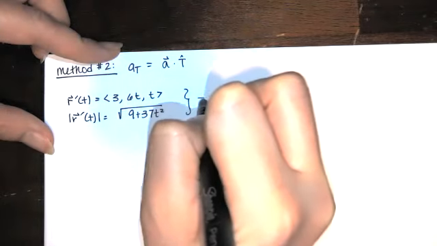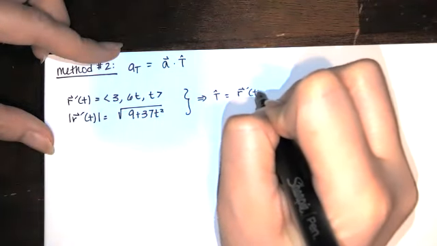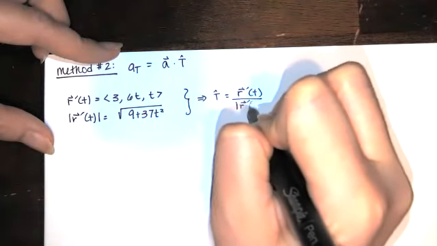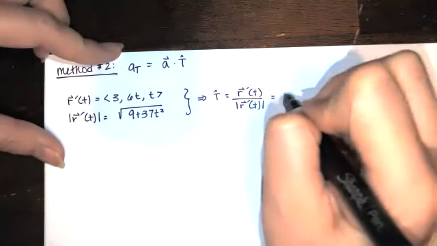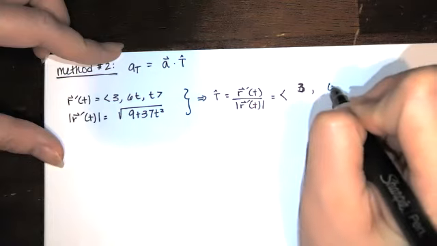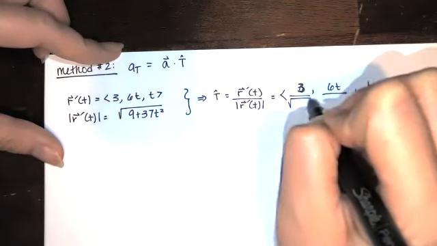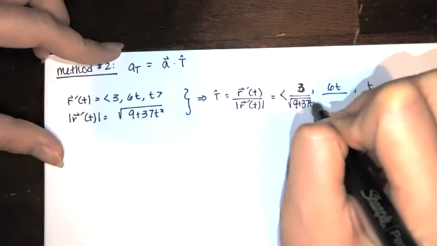So if you put these two pieces together, you can find t hat. It's just velocity divided by the speed. So you take each component, it's a 3. And then you divide by the square root of 9 plus 37t squared.